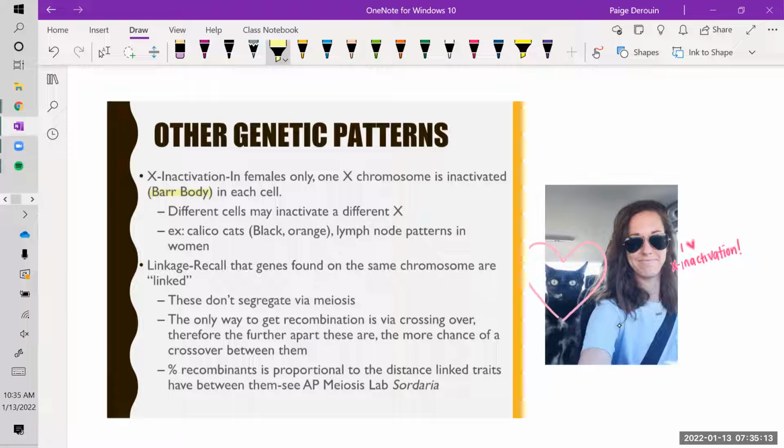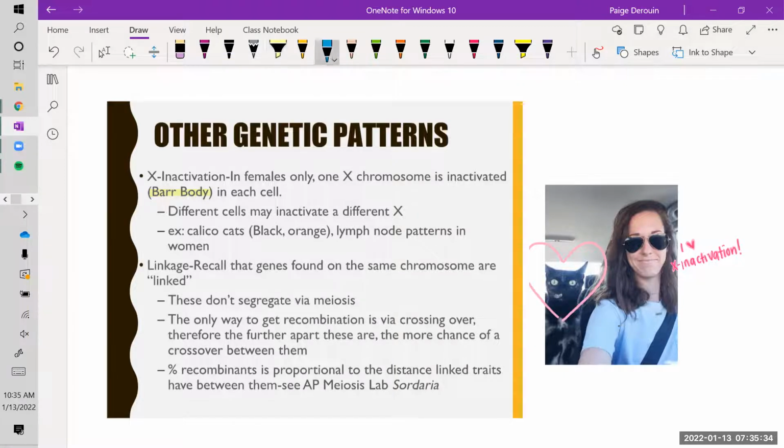The only way to get them apart is through crossing over, which happens sometimes. But if they're really close together on the chromosome, are they likely to be split up by crossing over? No, because let's say they're here and here, you would have to cross over exactly at this spot to get them separated.